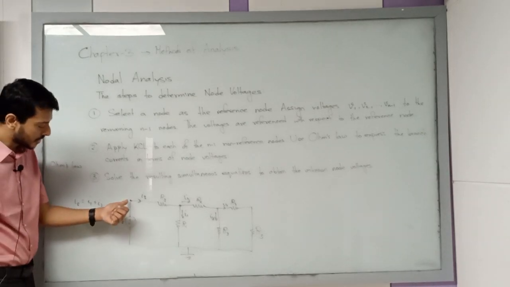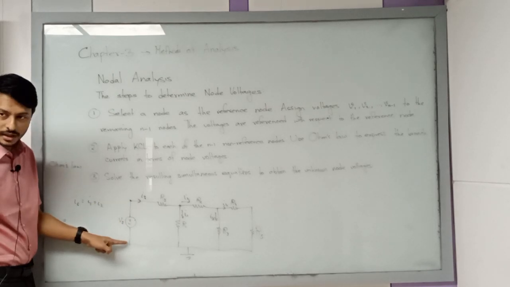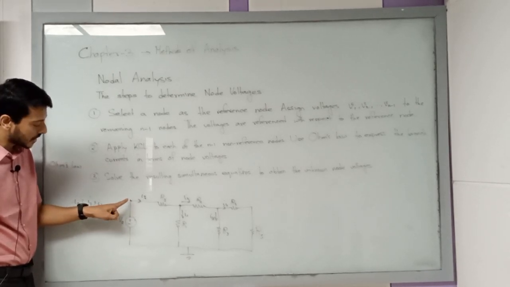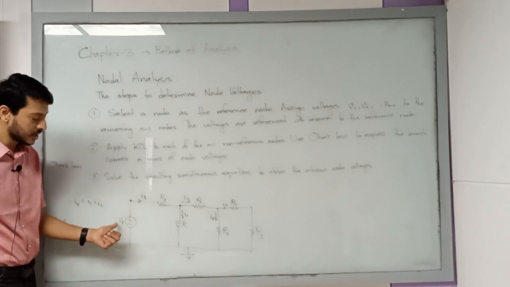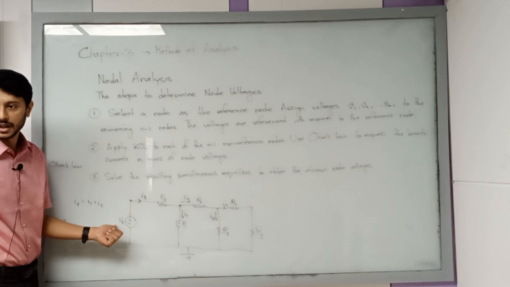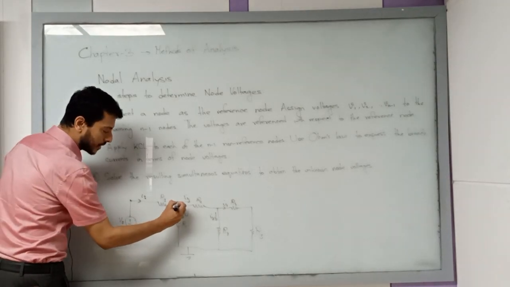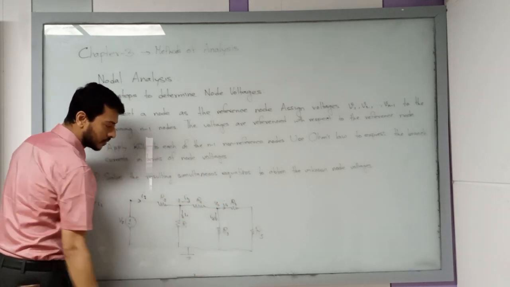Your supply voltage is connected. One of the terminals is connected over here. The other one is connected over here. The positive terminal is connected here. So the voltage at this terminal is basically Vs, whatever voltage you are giving in the power supply. Okay? And let's say at this node point, I'm considering this one as V1, this one as V2.